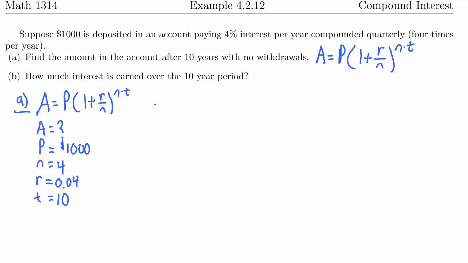So plug in everything you know. That means that A is equal to P times (1 plus R, which is 0.04, divided by N, which is 4), all to the N times T, which is 4 times 10.